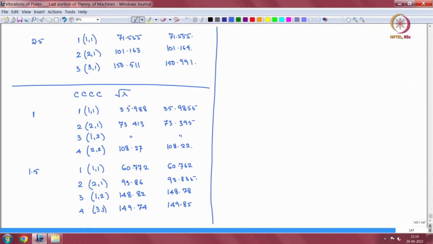And lastly we have simply supported, free and free. So simply supported and simply supported, and then free and free.